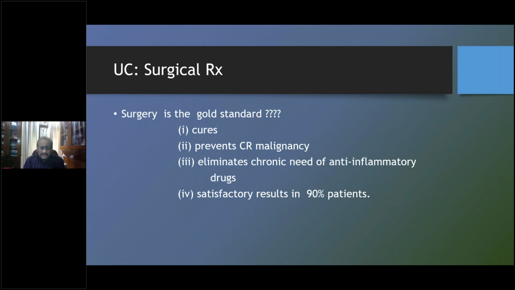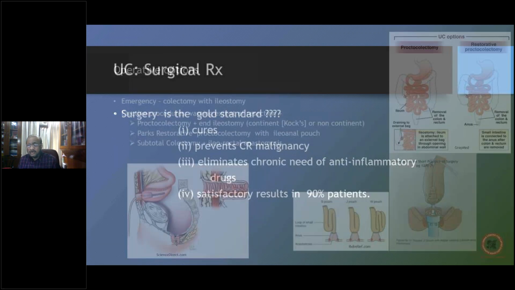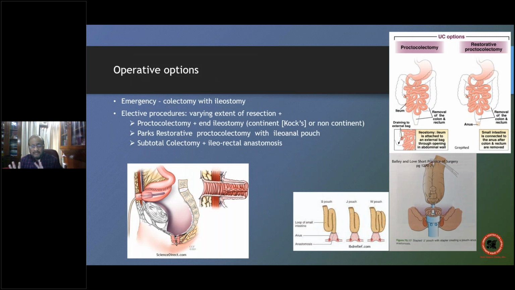Three, I'm eliminating the need for chronic use of drugs. I would have to use these drugs for years and years on end. That part is removed. So I'm getting a colectomy done and satisfactory results in as many as 90% of patients. This is a very high percentage. So for all these reasons, probably in chronic cases, surgery would be a better alternative as compared to a medicinal alternative.